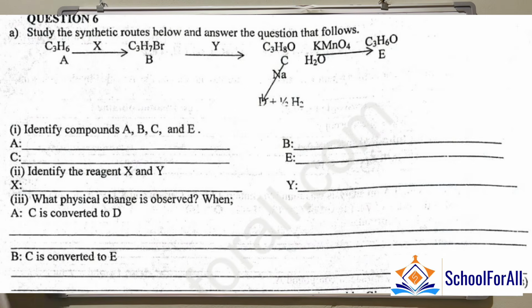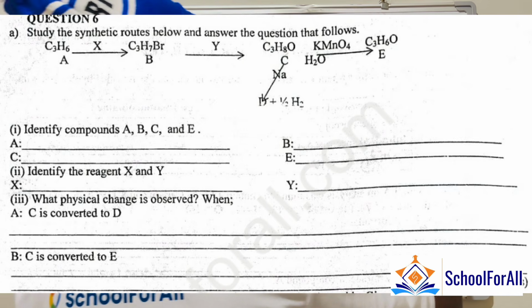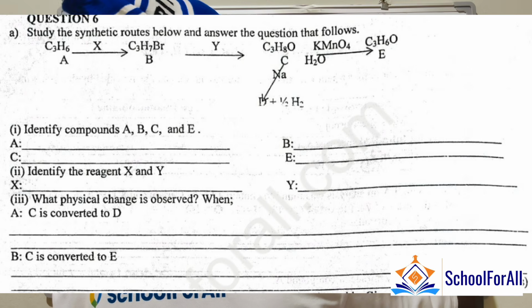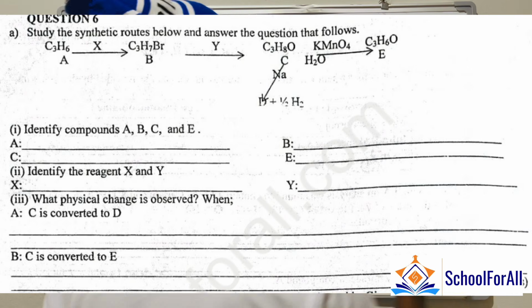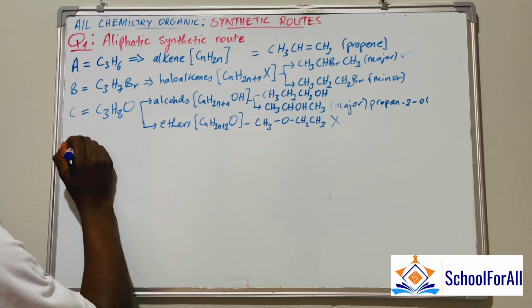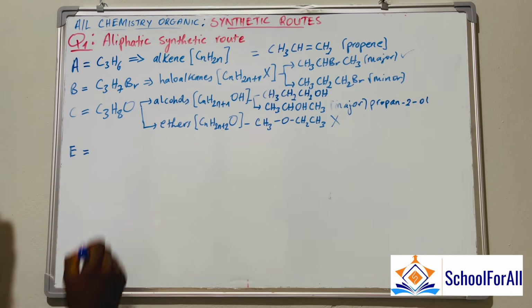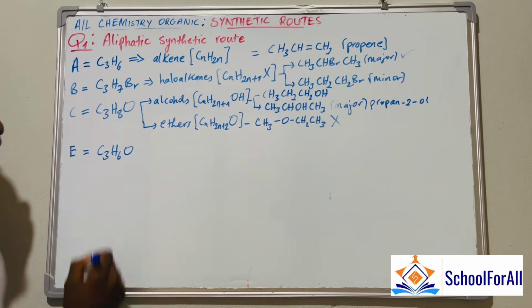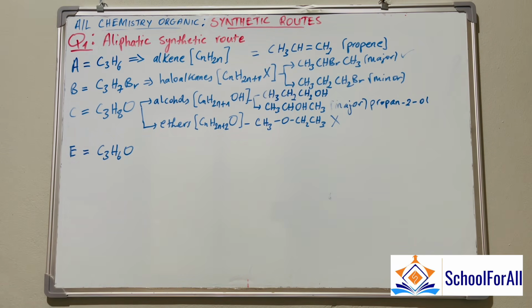So compound C is propan-2-ol. Now, in compound E, we are having the general formula C3H6O.